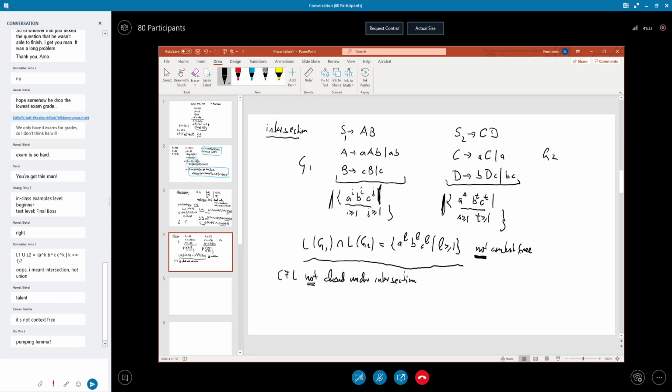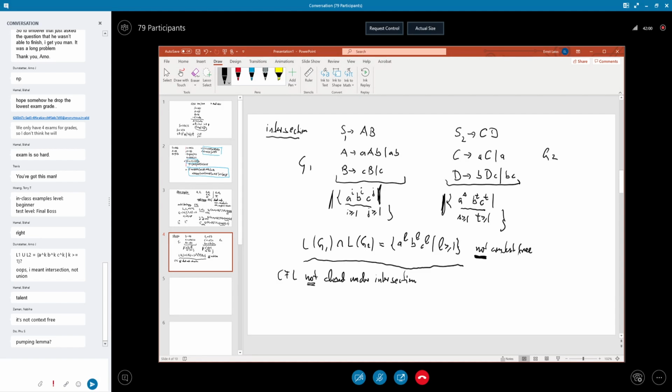And we showed a week ago that this language is not context-free. We applied the pumping lemma. We assumed that it was context-free. Wait, I thought that was showing that it wasn't regular. I thought we had applied the pumping lemma to show that it wasn't a regular language.